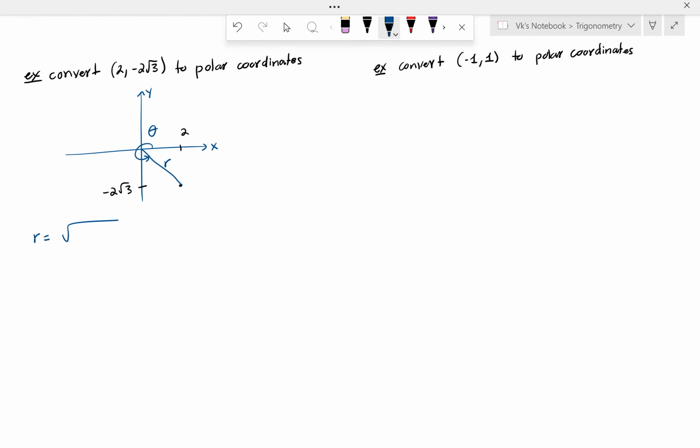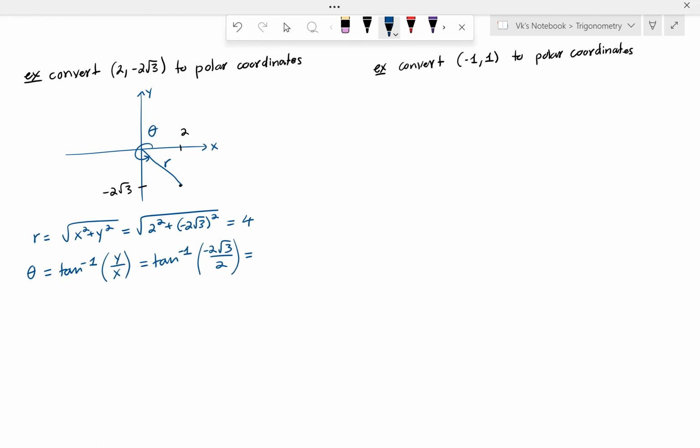Radius R is the square root of X squared plus Y squared, so that is the square root of 2 squared plus (-2 root 3) squared. That is 4. The angle theta is arctangent of Y over X, which is arctangent of -2 root 3 over 2.